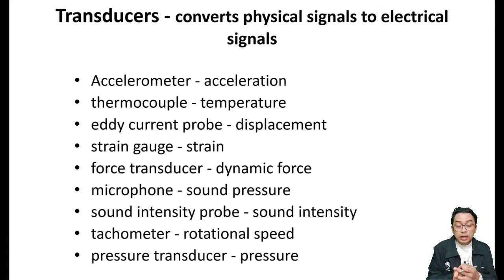For example, we introduced the accelerometer that converts acceleration into an electrical signal, a dynamic signal, as the output. And then we also have the thermocouple that gives us temperature. In this case, the transducer, the sensor, converts the temperature into electrical signal.